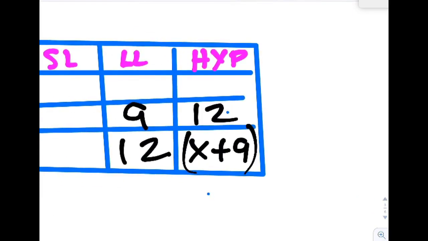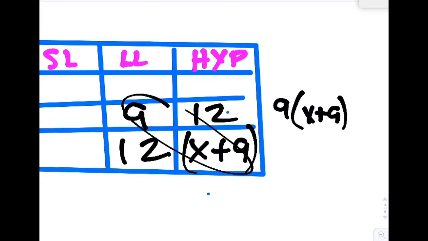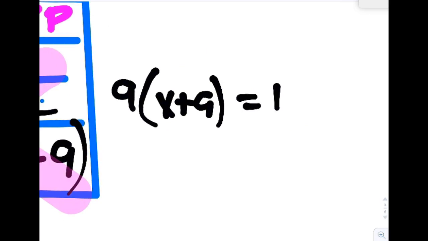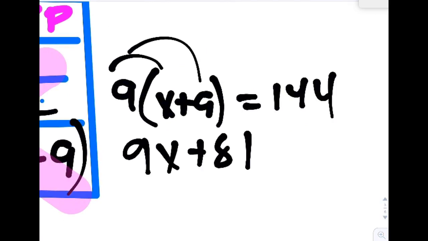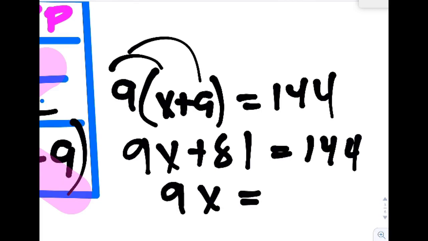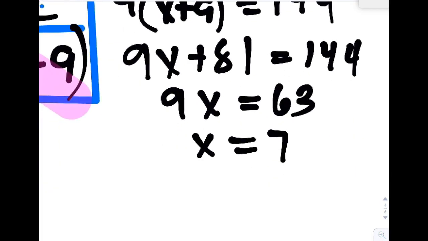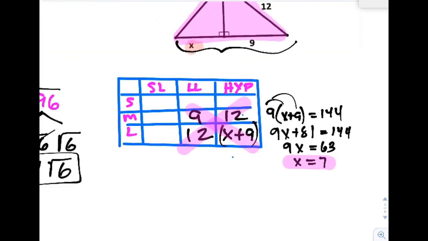So when I cross multiply, I have 9 times x plus 9 right here equals 144. 12 times 12. 9x plus 81 equals 144. When you subtract 81 from both sides, 144 minus 81 is 63. Divide both sides by 9, and x equals 7.